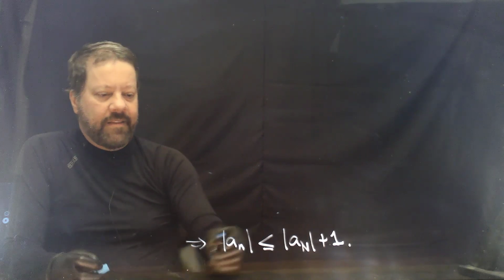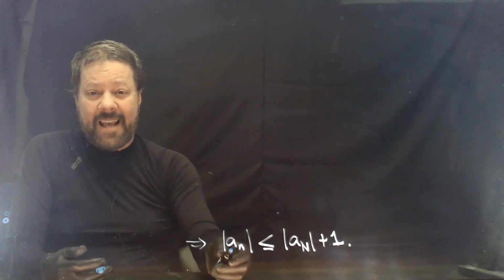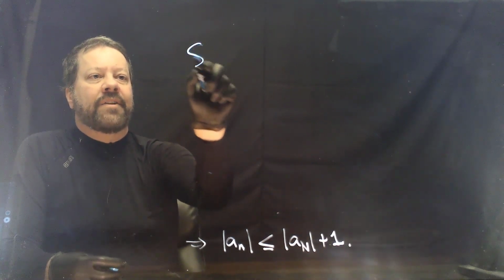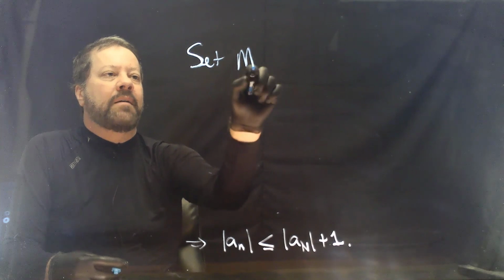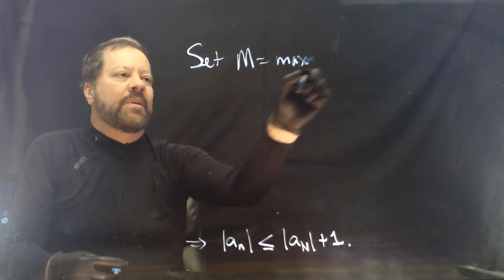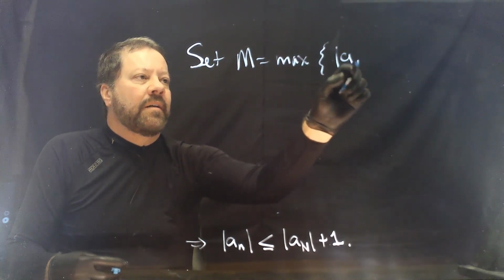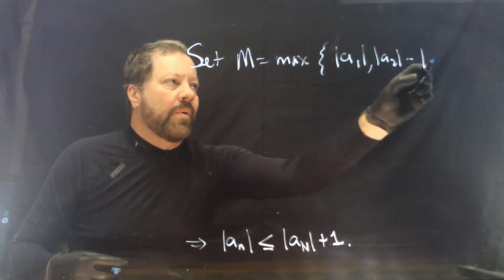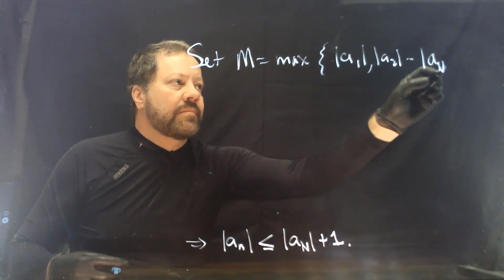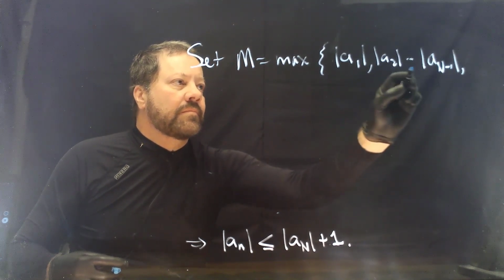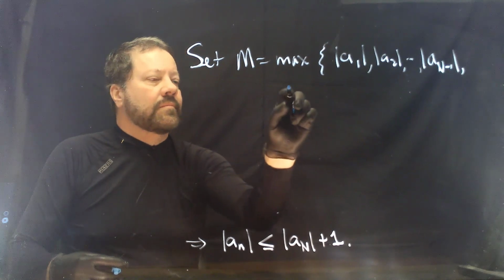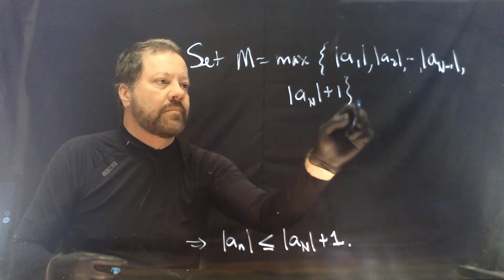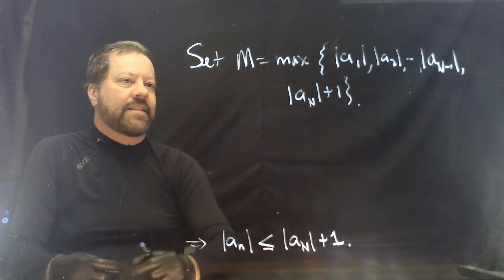And so you can see that values in the tail of the sequence will be at least bounded by this value. All we have to do is set M to be the maximum, and we'll take a list of all of those from before, including this last value.